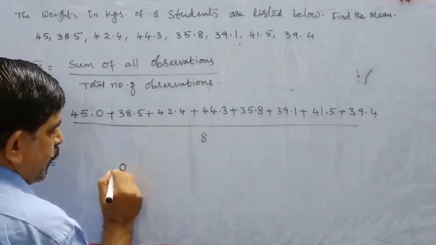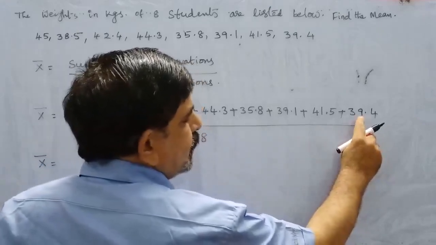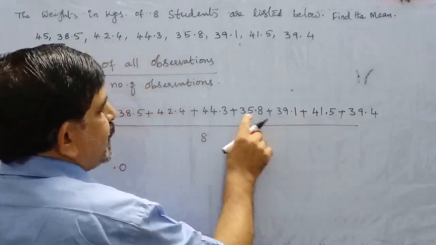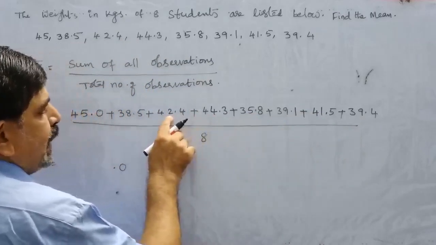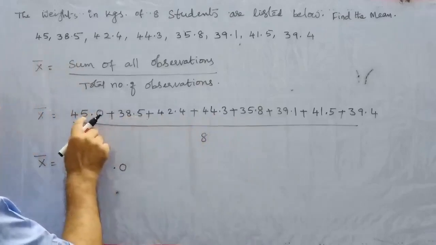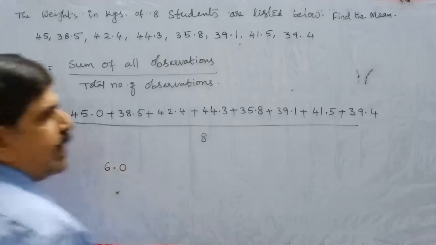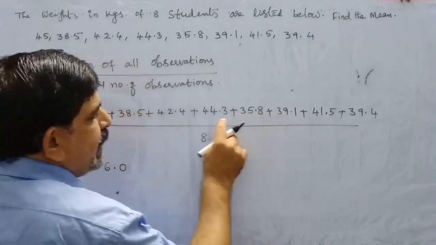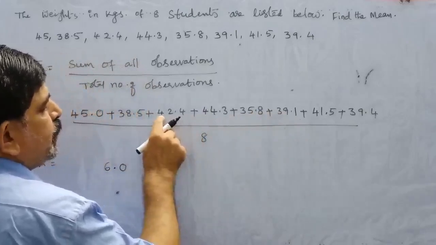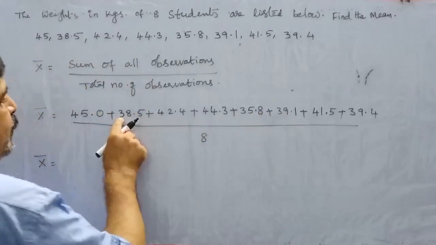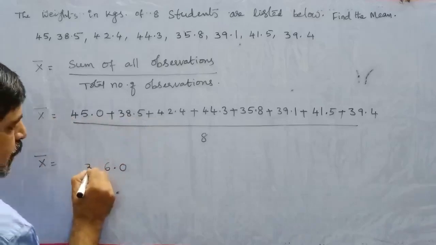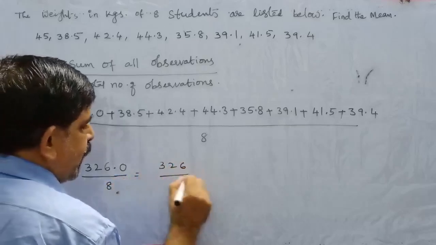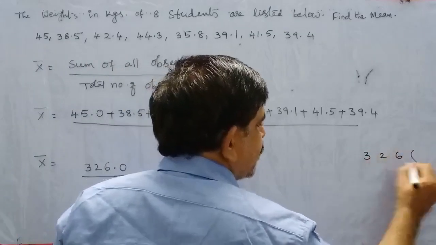So 0, carry 3. 3 plus 9, 12, 12 plus 1, 13, 13 plus 9, 22, 22 plus 5, 27, 27 plus 4, 31, 31 plus 2, 33, 33 plus 8, 41, 41 plus 5, 46, 4 carry. 4 plus 3, 7, 7 plus 4, 11, 11 plus 3, 14, 14 plus 3, 17, 17 plus 4, 21, 21 plus 4, 25, 25 plus 3, 28, 28 plus 4, 32, by 8. So this is nothing but 326 by 8.